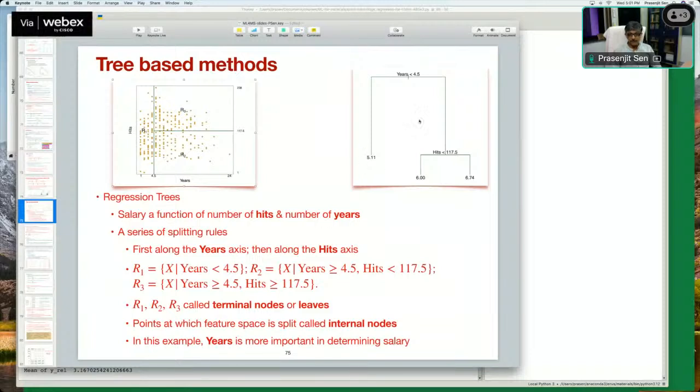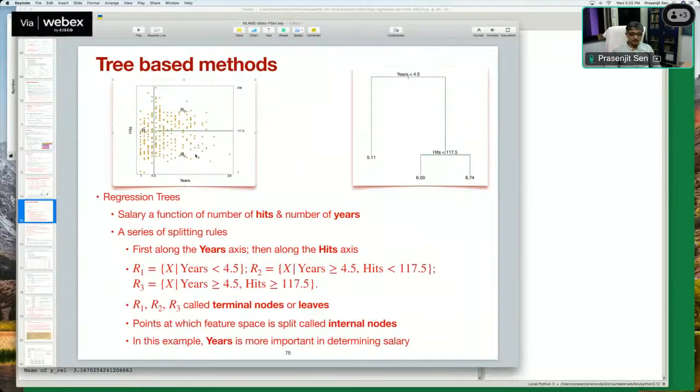And we have something here, and I'll come to what these numbers are. And on the right are all those who have played for more than 4.5 years. And then again, we split this part into two parts. One having number of hits less than 117.5, the others having hits greater than or equal to 117.5.